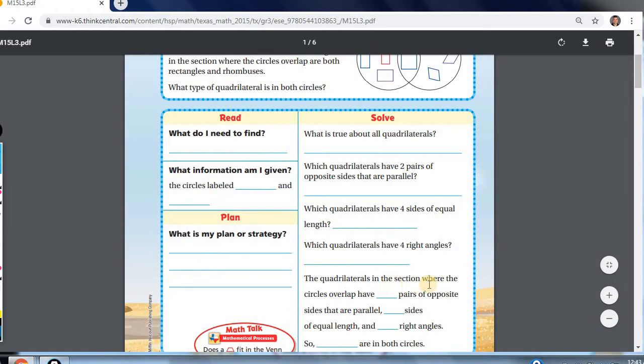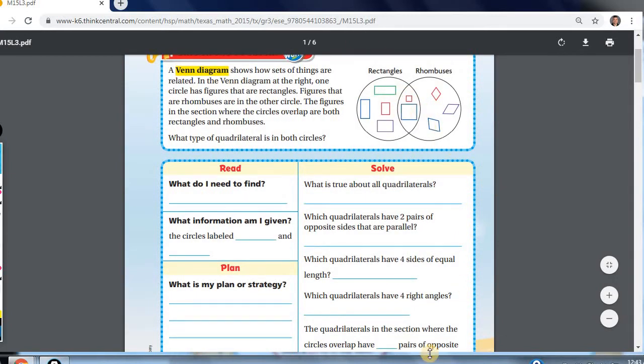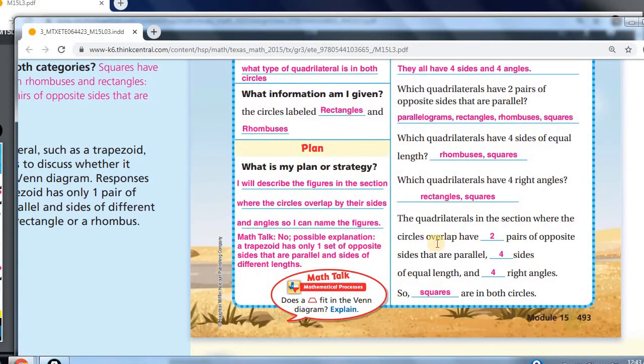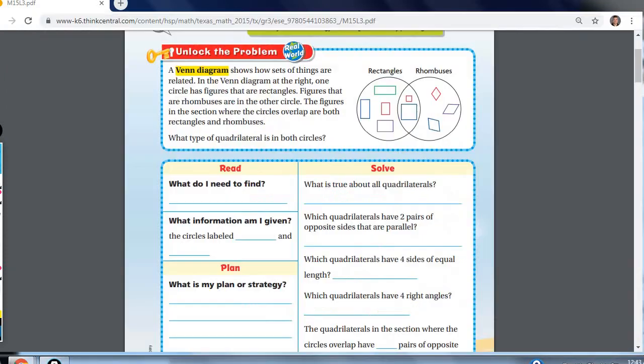The quadrilateral in the section where these circles overlap, which are these right here, they have 2 pairs of opposite sides that are parallel, 4 sides of equal length, and 4 right angles. So squares are in both circles.